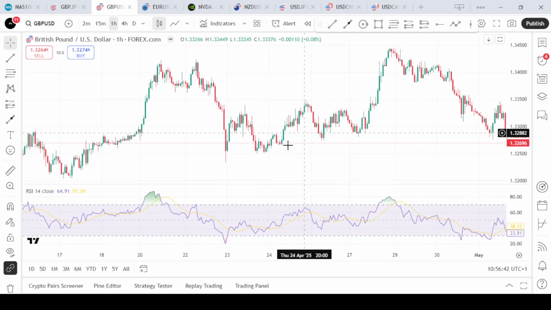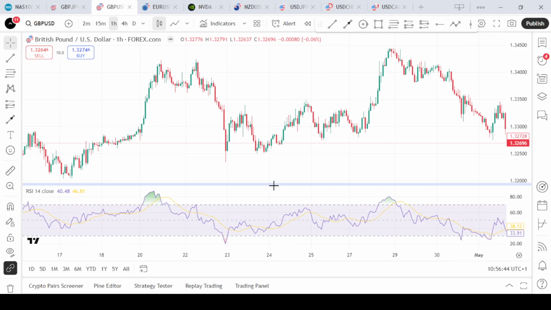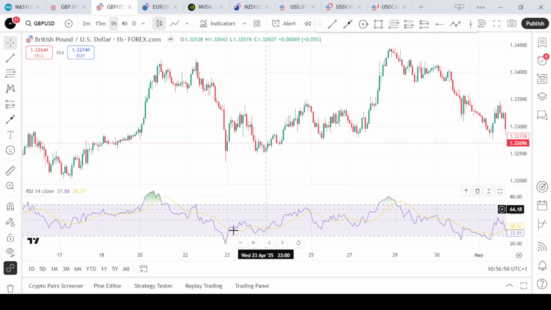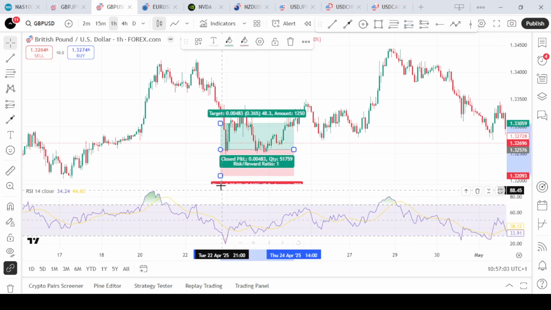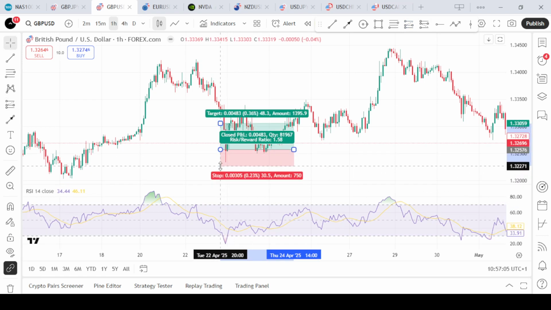When the RSI falls below 30, it indicates an oversold condition, suggesting potential buying opportunities. Like in this area, we can see that price fell below 30, which signifies an oversold condition. So if you take a trade at this area, you can capitalize on the reversal to the upside.